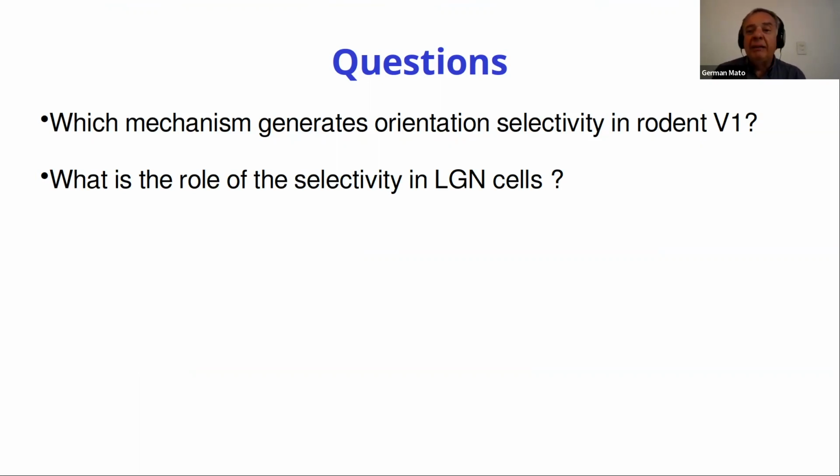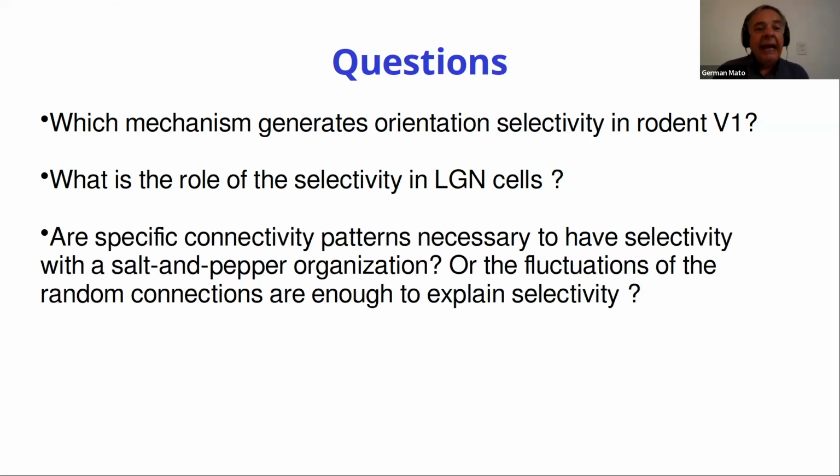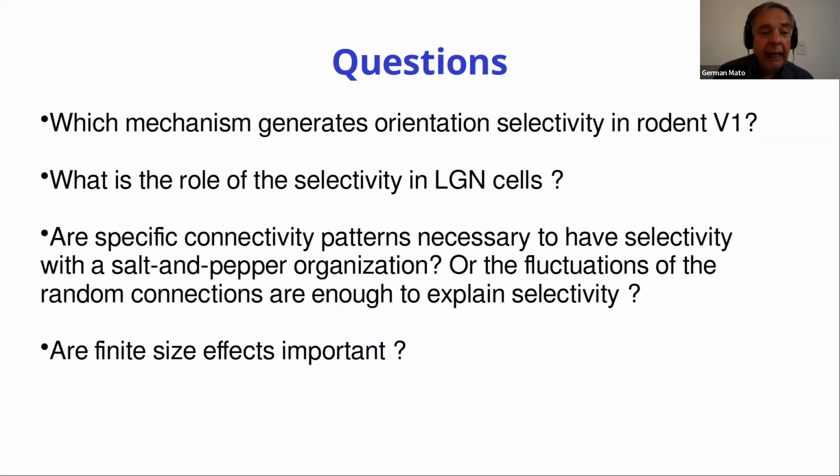Hubel and Wiesel speculated that the arrangement of the feed-forward connections is relevant, but here we also have another source of selectivity that we don't know the role. Are specific connectivity patterns necessary to have selectivity with a certain proper organization? Or maybe it's simply that the fluctuations of some random connectivity patterns are enough to explain selectivity? If so, if the fluctuations are important, are finite size effects important?